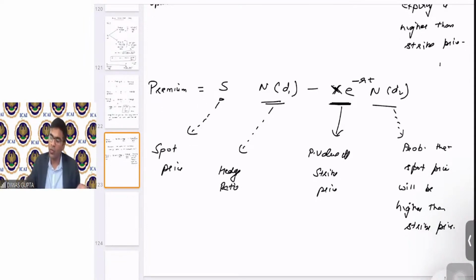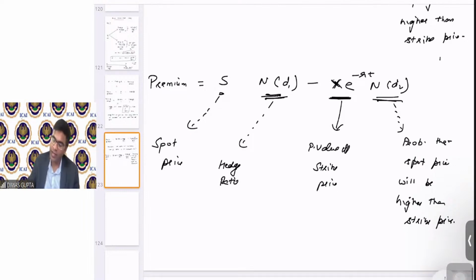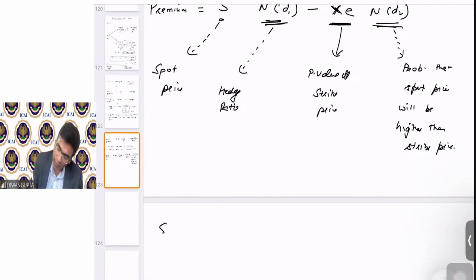So let's move to what is N(d1) and N(d2) now. Okay. I think at all the other places it would be clear, but N(d1) and N(d2), we will have to put down. So I'm just putting the proper notation here. S is equal to spot price. X is equal to strike price.